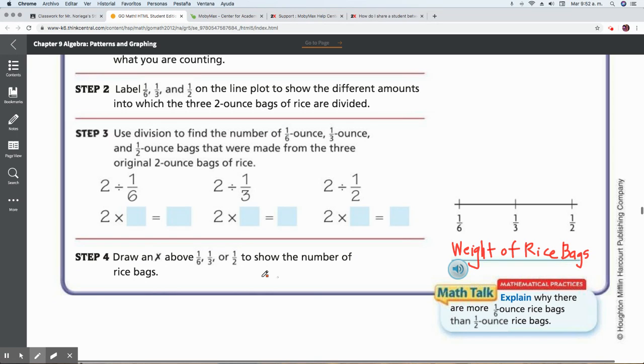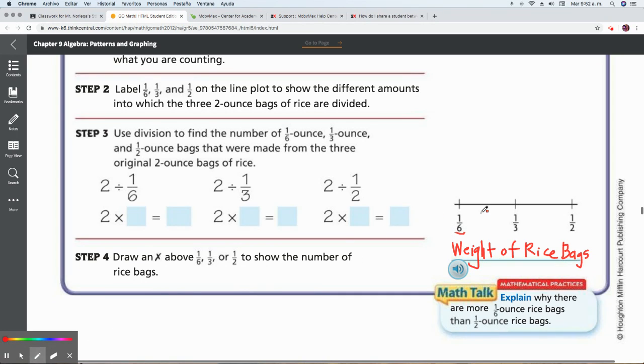Step number 2. Label 1/6, 1/3, and 1/2 on the line plot to show the different amounts into which the 3 2-ounce bags of rice are divided. Of course, we want to start with the smallest fraction, which is 1/6. Remember that the bigger the denominator, the smaller the piece. Since 6 is greater than 3 and 2, that represents the smallest.